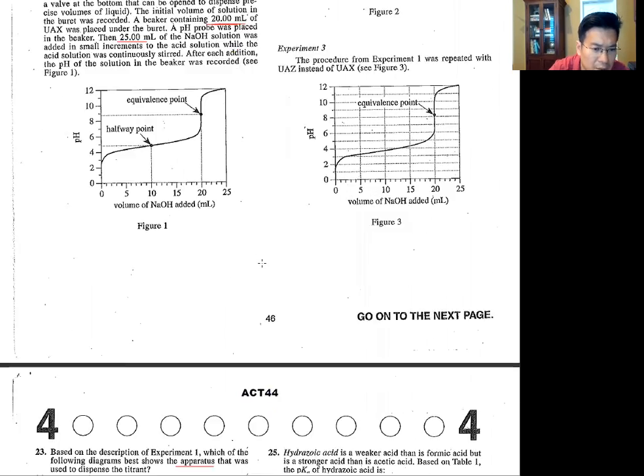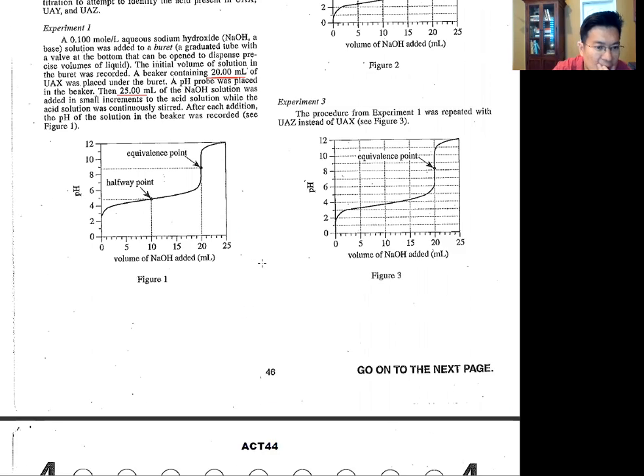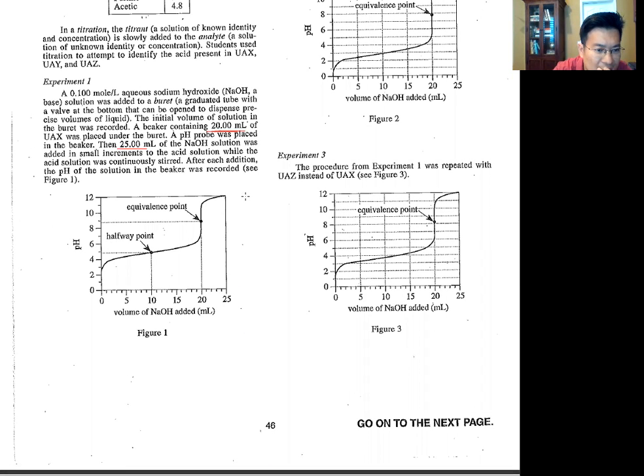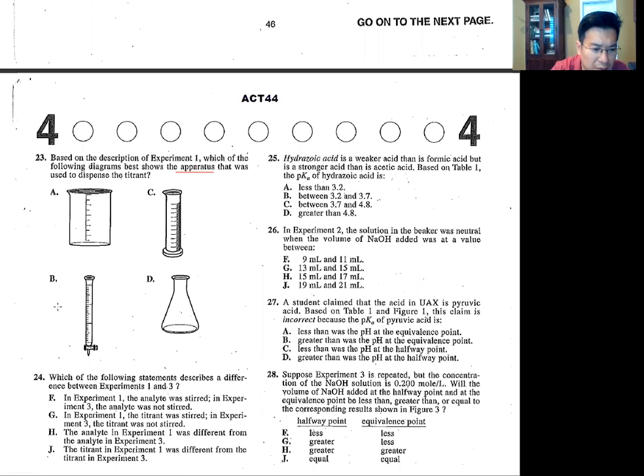Okay, so milliliter-wise, let's see. And also, it says at the bottom, that can be opened to dispense a precise volume of liquid. Because of that, the opening in the bottom, which is B.